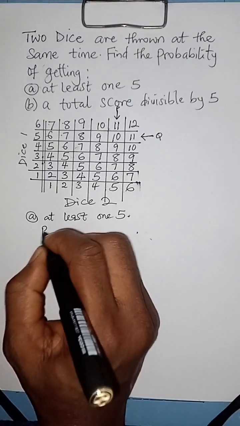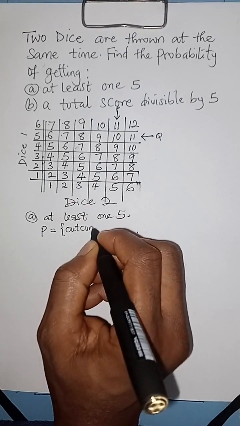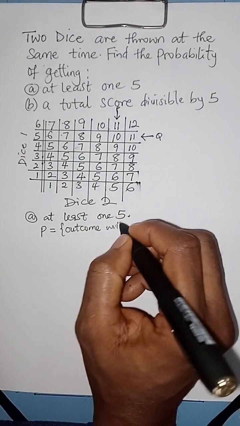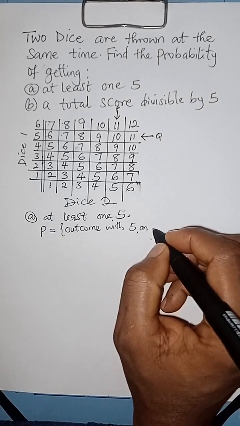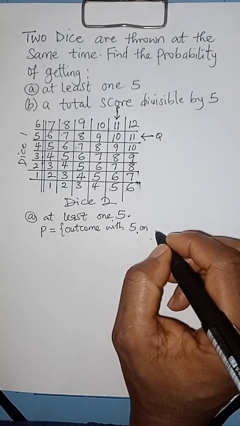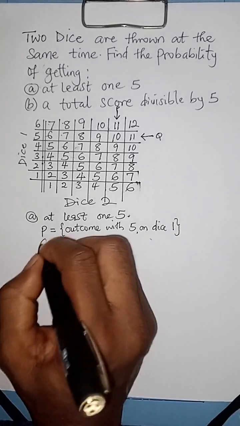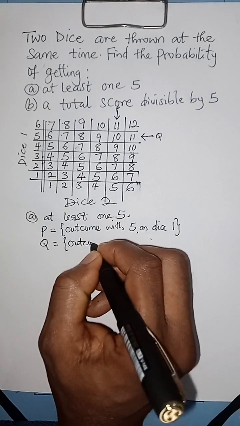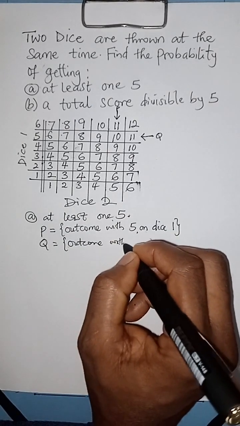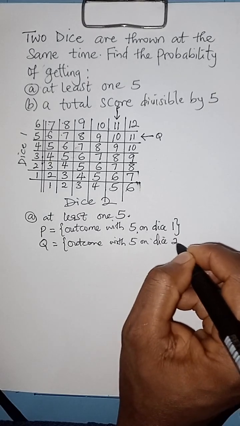Now, P should be the outcome with 5 on die 1, dice 1, while Q should be the outcome with 5 on dice 2.